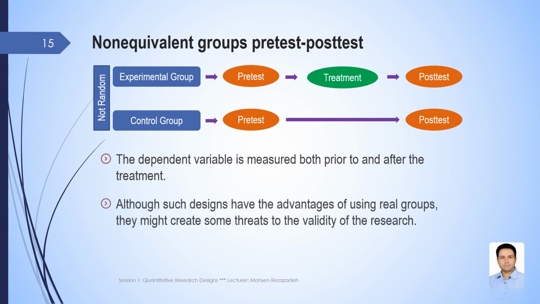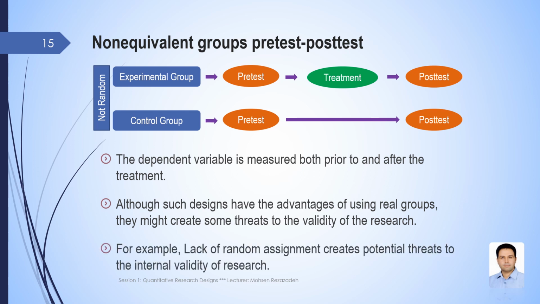Although such designs have the advantages of using real groups, they might create some threats to the validity of the research. For example, lack of random assignment creates potential threats to the internal validity of research.